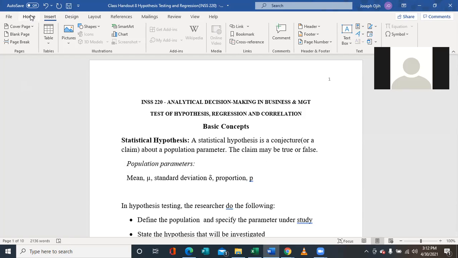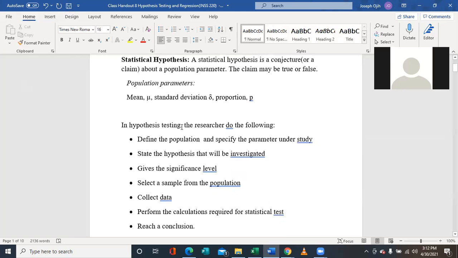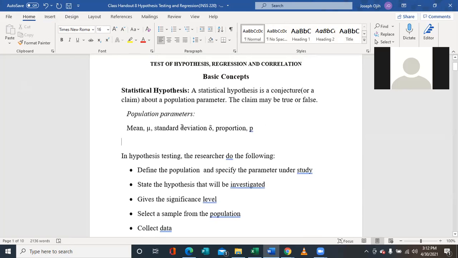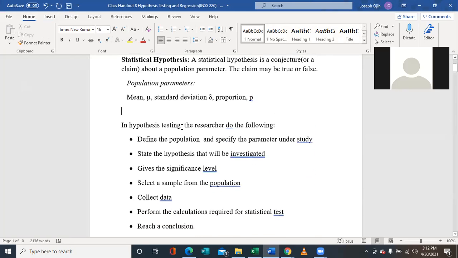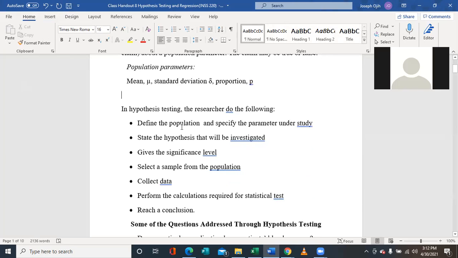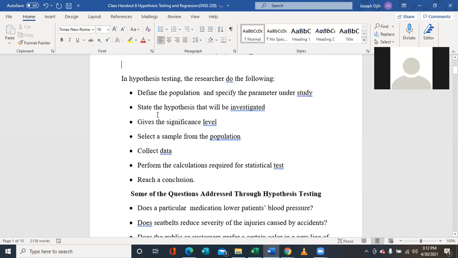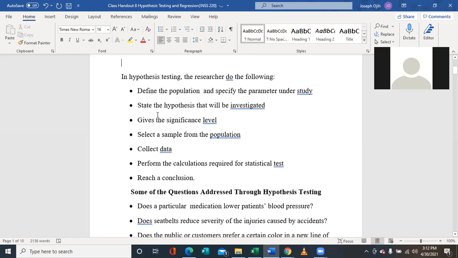Now, in hypothesis testing, what we do is define the population and specify the parameter we are trying to make a claim about. Then we state the hypothesis, give the significance level, select the sample from the population, collect data, perform the analysis, and then write a conclusion.